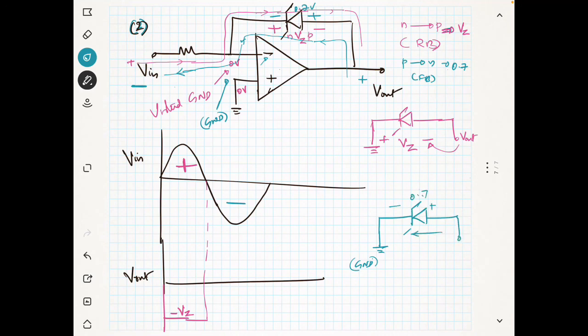So this is plus minus 0.7. So the output V out is directly connected to the positive, and the voltage is just 0.7. So the output will be 0.7 volt. That's it. So that is the beauty. I hope that this is clear to you.